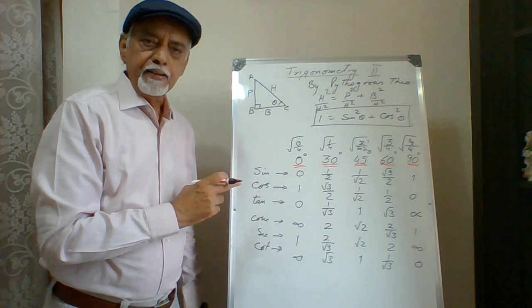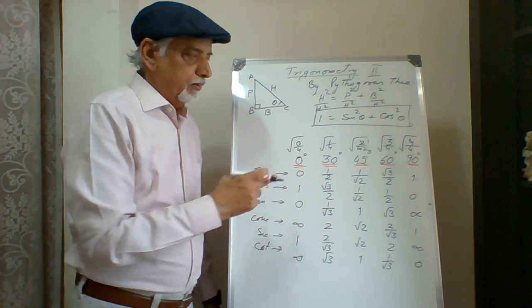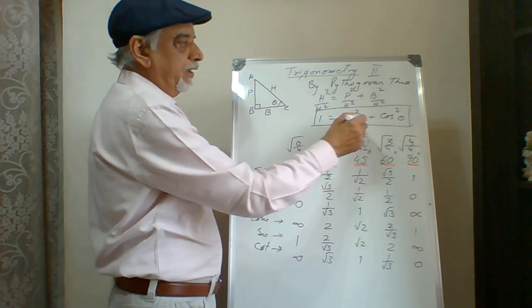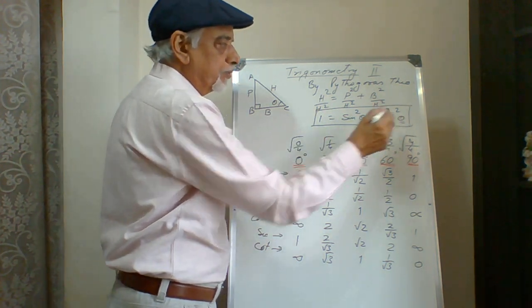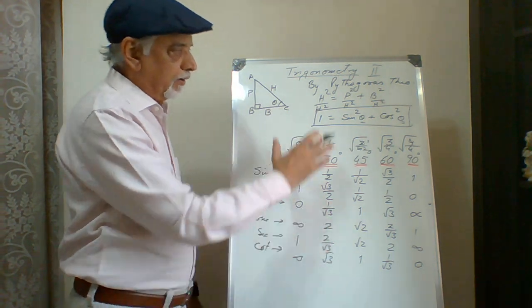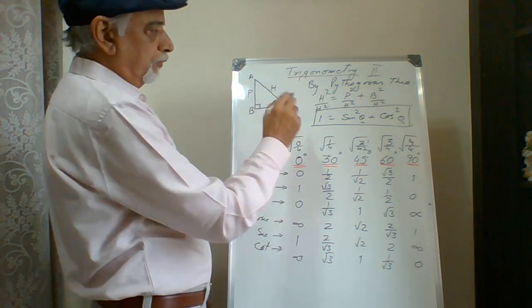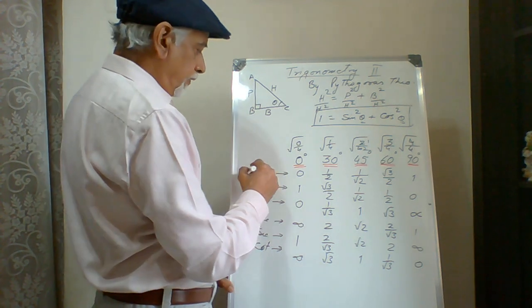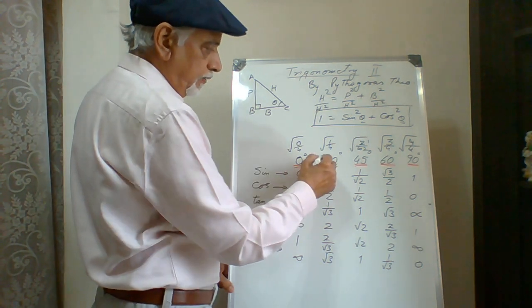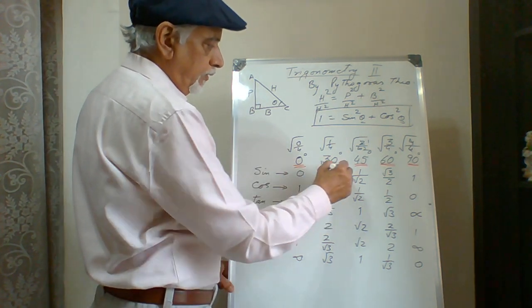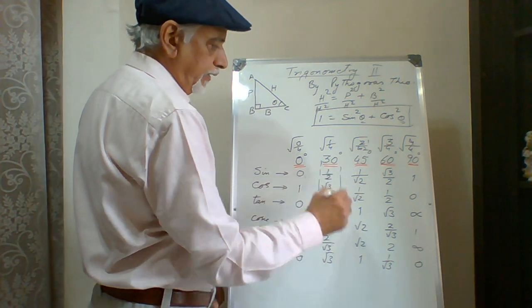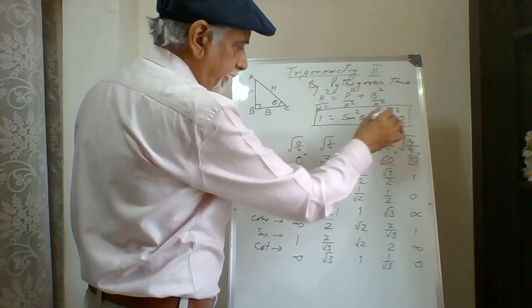Now this is one very important basic identity in trigonometry. Why is it called an identity? Because this relationship is valid for any value of theta. How do we show it? Suppose I apply it for the angle 30 degrees, sine and cosine.